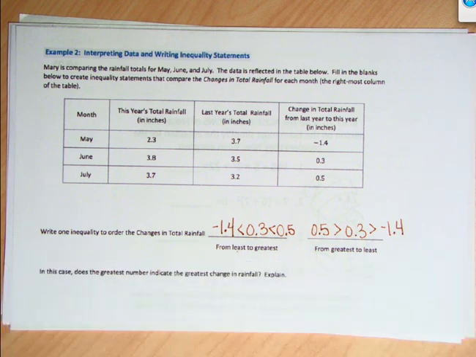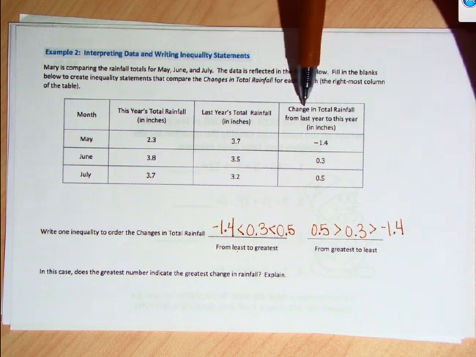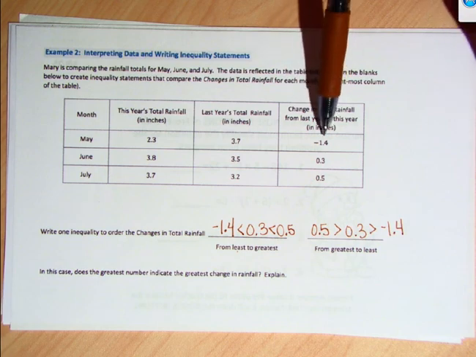In this case, does the greatest number indicate the greatest change in rainfall? My answer is no, and here's how I know. The change in rainfall has to do with the greatest absolute value. The absolute value of negative 1.4 is positive 1.4.